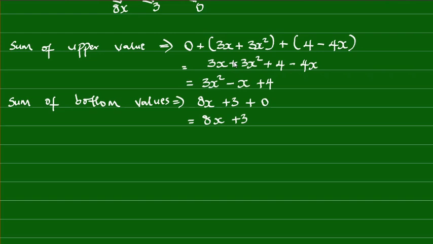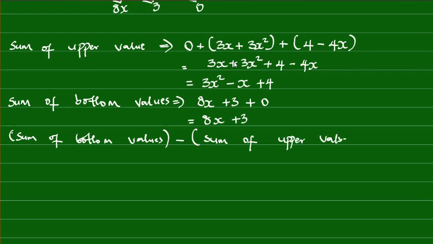So, write this out as bracket open, sum of bottom values, minus bracket open, sum of upper values, bracket close.